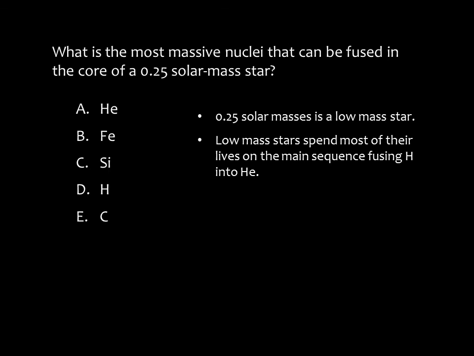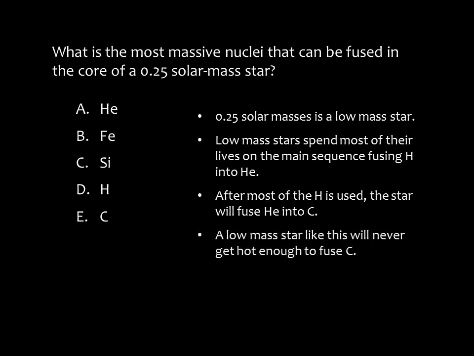Once that hydrogen is mostly used up, the star will begin fusing helium into carbon. And a low mass star like this will never get hot enough to fuse that carbon. Therefore, the most massive nuclei that can be fused in a 0.25 solar mass star is helium.